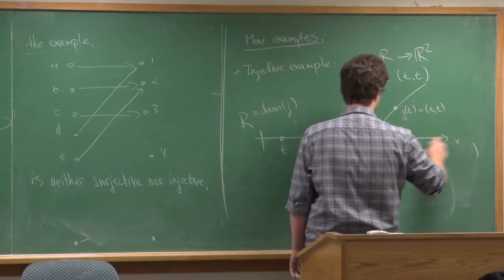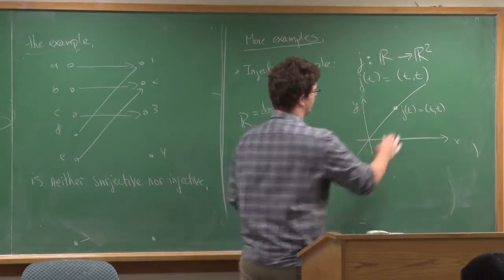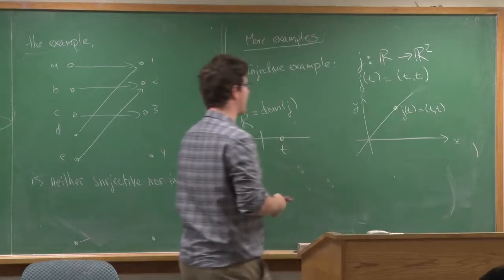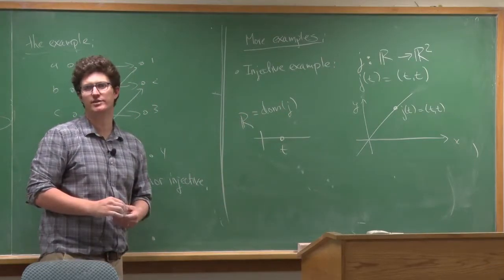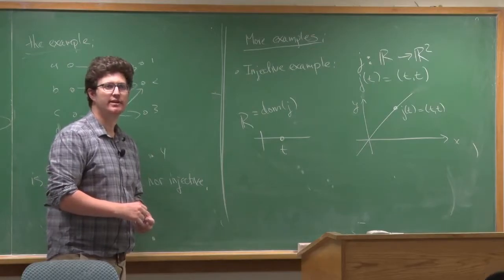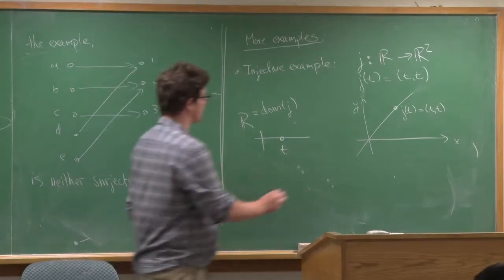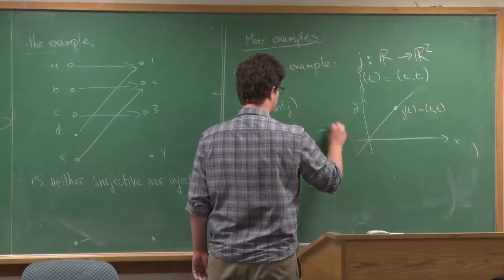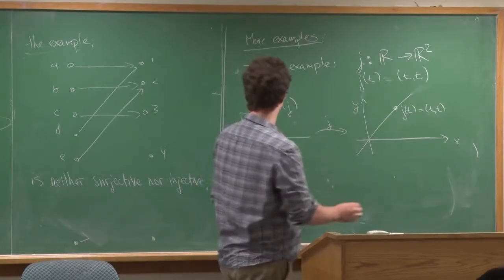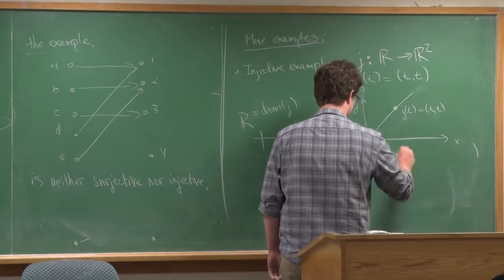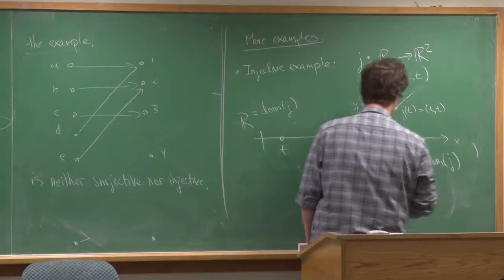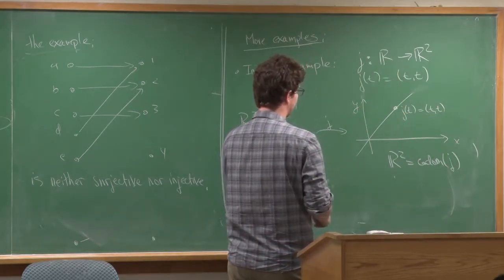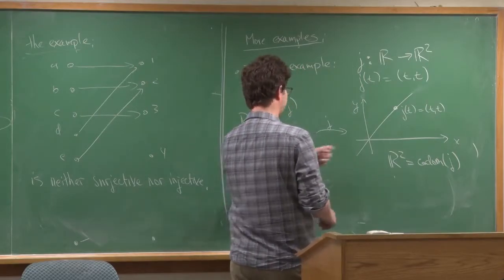In math, there's kind of a principle that injectivity and surjectivity are kind of at odds with each other sometimes. So this map j, with R squared the codomain of j, is injective.